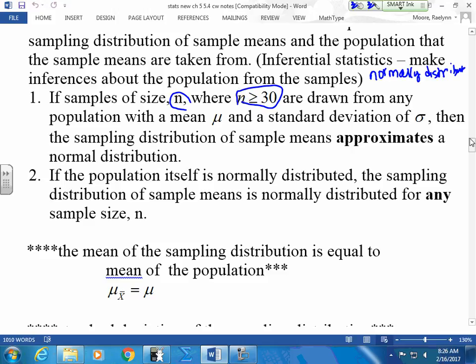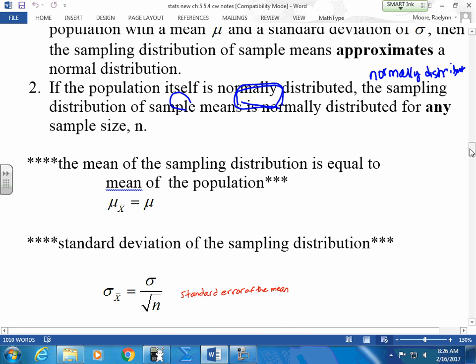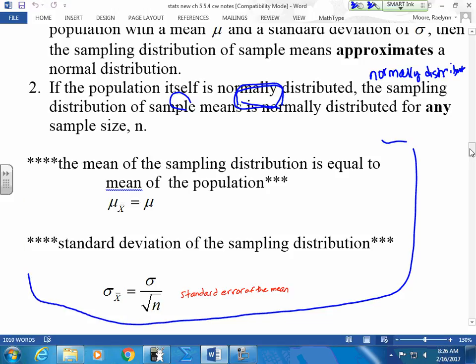So this is where I mentioned it a couple of times, 30 was your cutoff. If your sample size is going to be 30 or larger, we don't have to say normally distributed. But if it's less than that, we have to say that. And we get two things that come out of this: the mean and the standard deviation. Mark this down on your chart somewhere, on your note page.